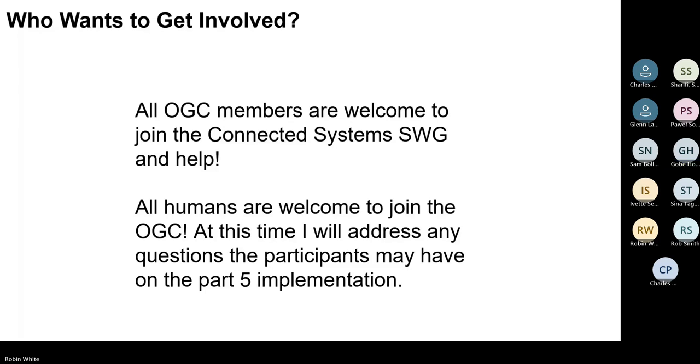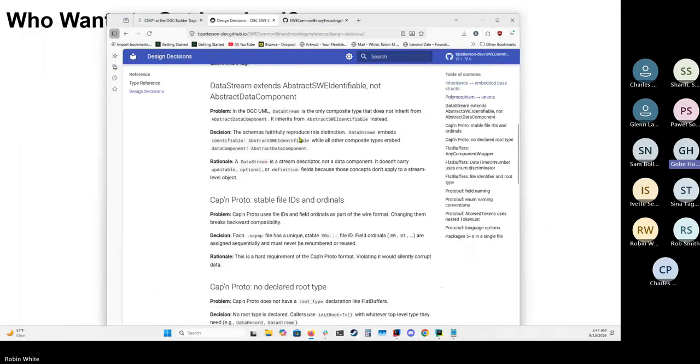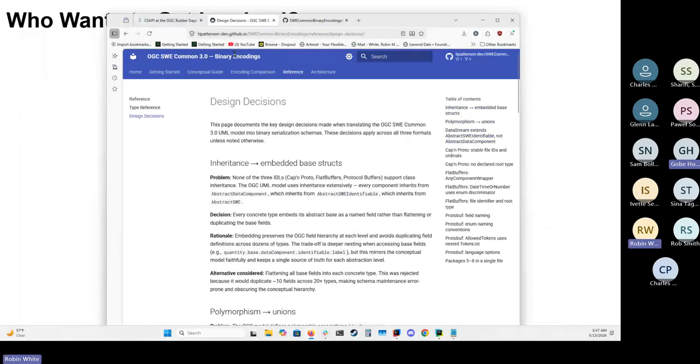So effectively, what we're saying is we can use protobuf as an encoding for the communication between a connected systems client and a connected systems server, effectively, right? Yes. It is just replacing the XML structure with the binary equivalent.